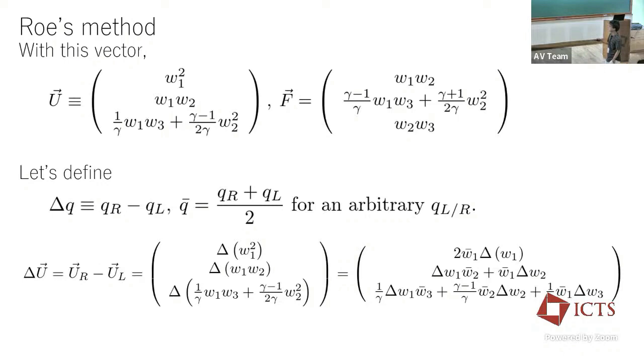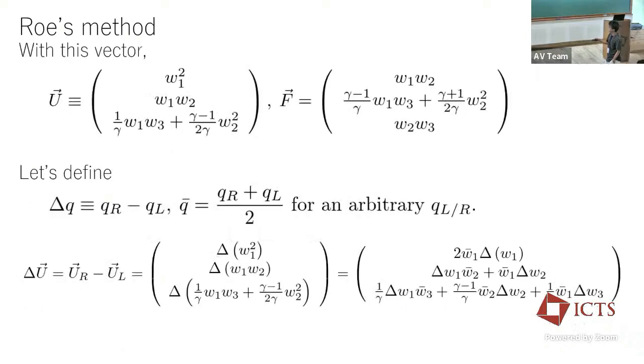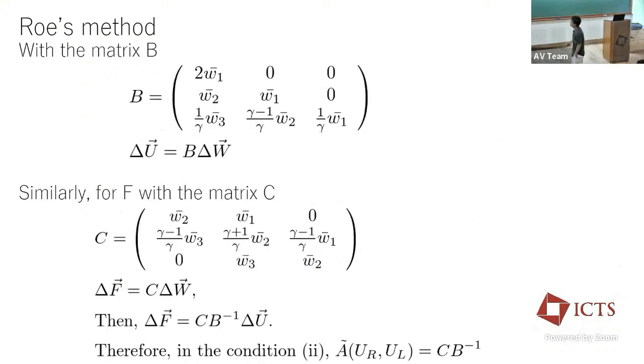So w1 is the root rho_L and root rho_R. So here you give the combination for w1 bar and delta w1, right? This is a straightforward calculation as well.